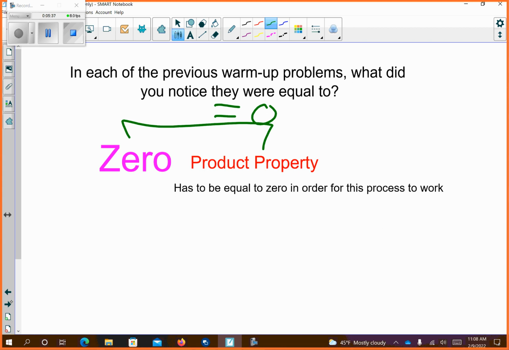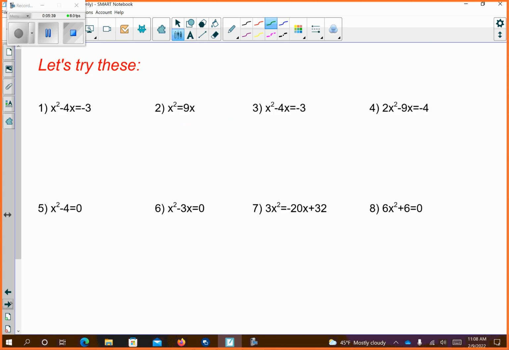All right. So try these. Problem number 1. Is problem number 1 equal to 0? No. In order to make it equal to 0, I'm going to add 3 to both sides, and I'm going to get this. Do you feel comfortable with what I just did? All it is is add 3 to both sides.